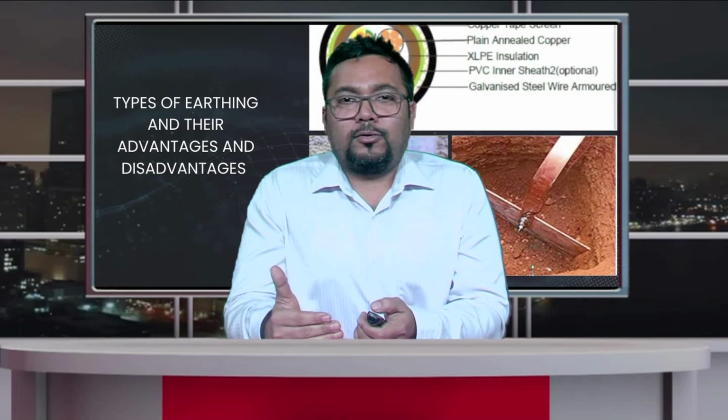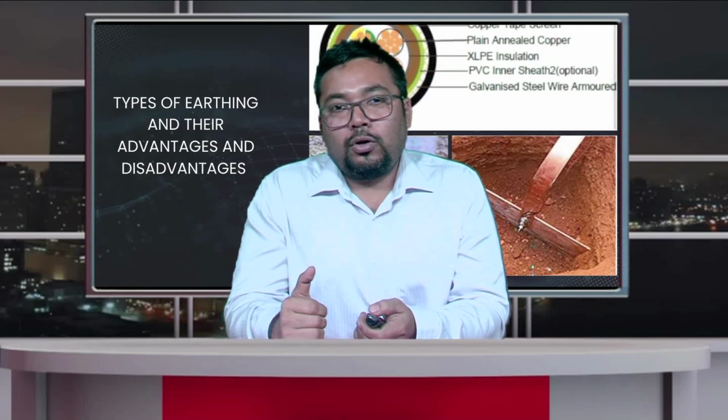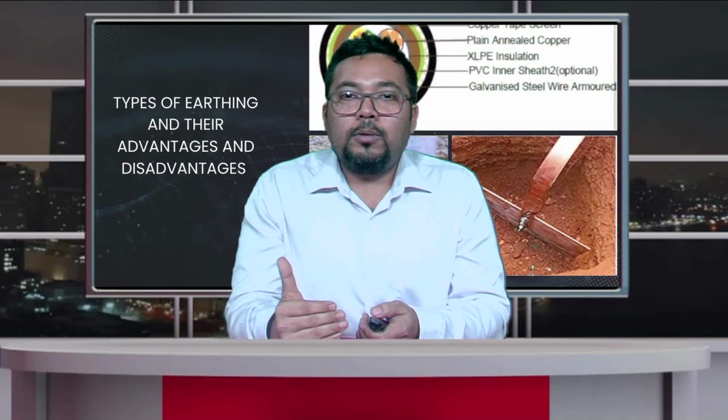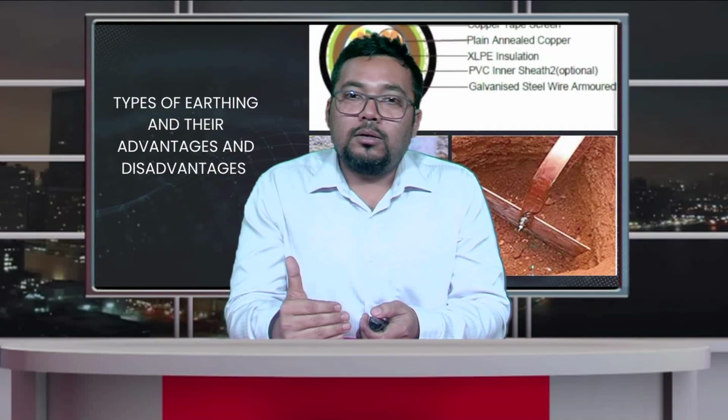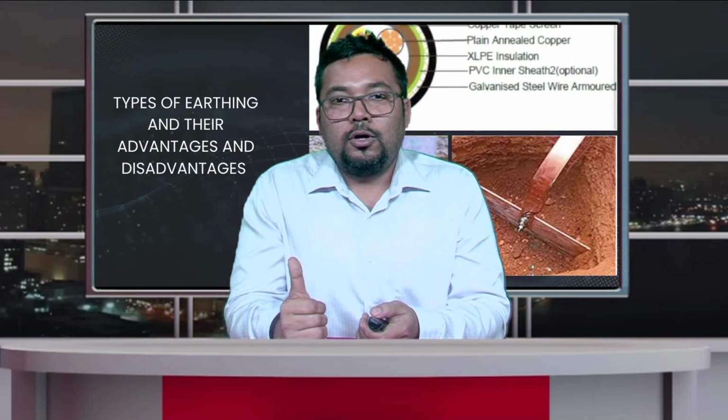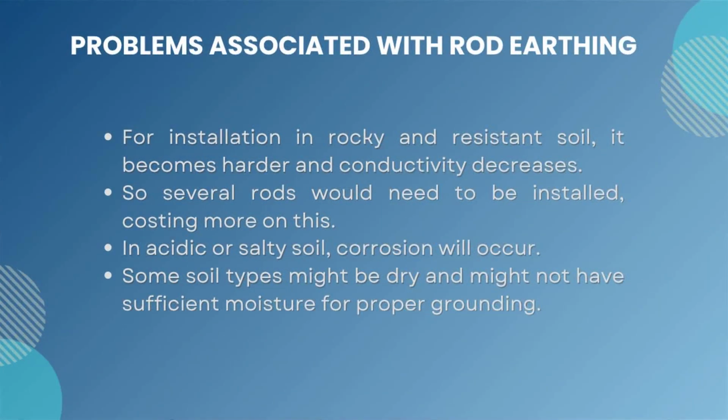But there are problems associated with rod earthing also. The most important drawback is the condition of the ground. For installation in rocky and resistant soil, it becomes harder and less conductivity is obtainable, which means that several rods would need to be installed, costing more on this system.